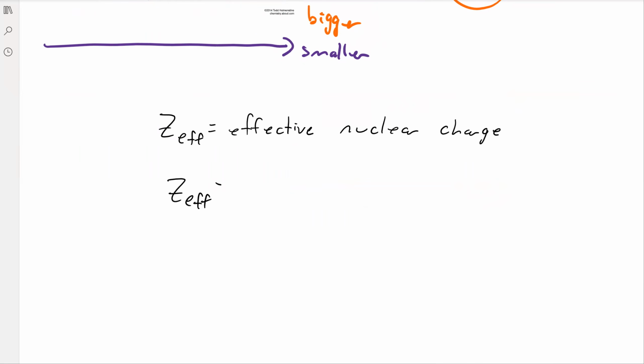Z effective here is going to be equal to Z minus S. Z is the number of protons, while S is shielding electrons. And we'll get to what that means right here.